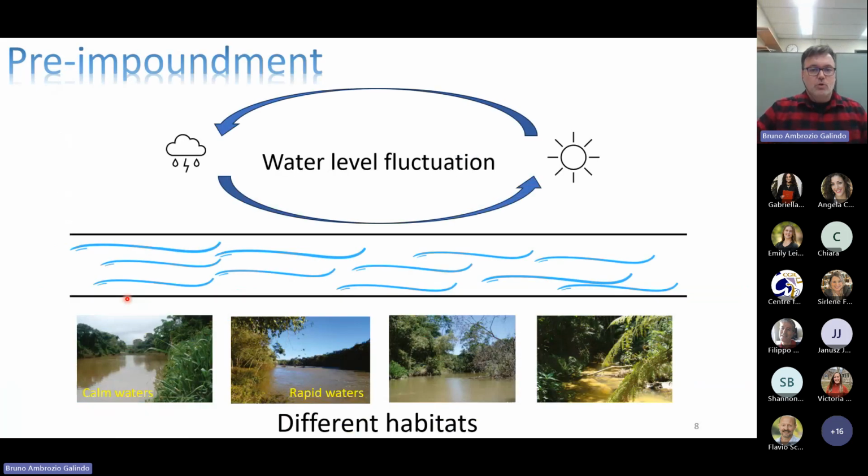For example, here I have a river in a pre-impoundment state. We have different habitats: calm waters, rapid waters, small spaces, big spaces. We have different levels of water, so we have water level fluctuation, different between drought periods and flooding periods. So we have a very active environment.